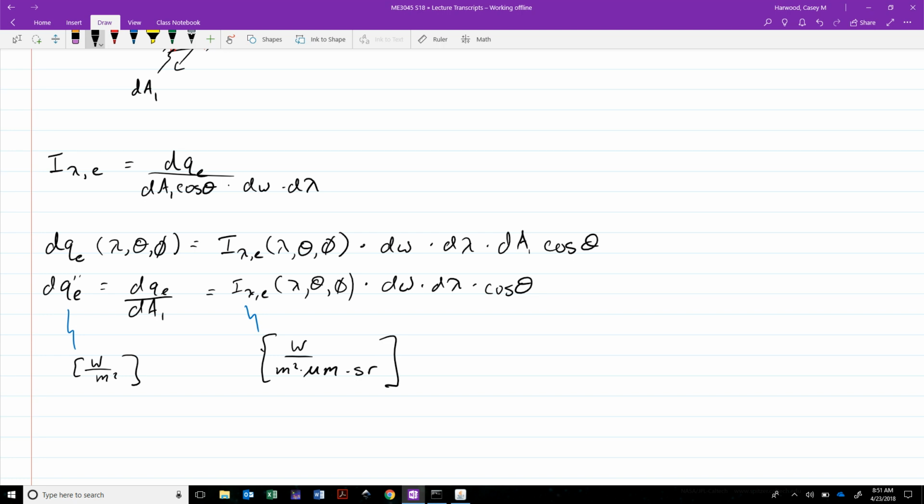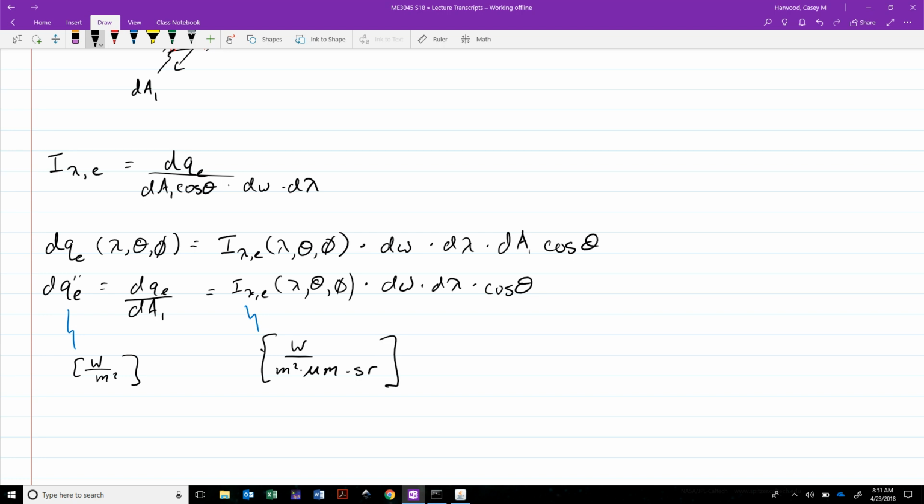This is really not intuitive math, and I recognize that. This is as complicated as it gets, but I want to highlight when this is useful.